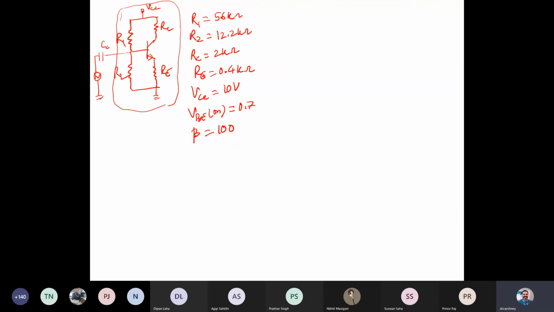And let's make one table. This is for beta 100.